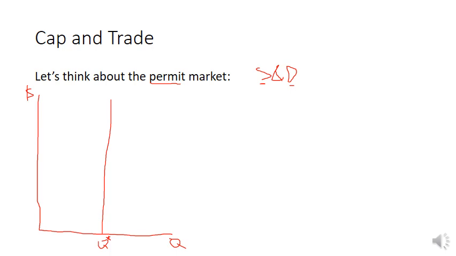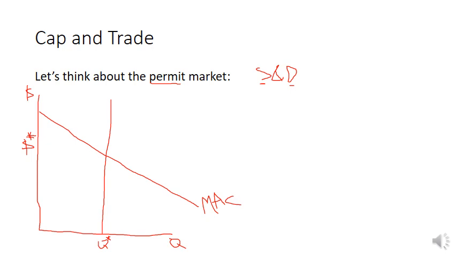What about demand? What does demand look like? Demand is the marginal abatement cost. Why is that? Because the value of a permit to me, and remember all demand is your marginal willingness to pay, the value of a permit to me is the cost that it lets me avoid in terms of abatement.